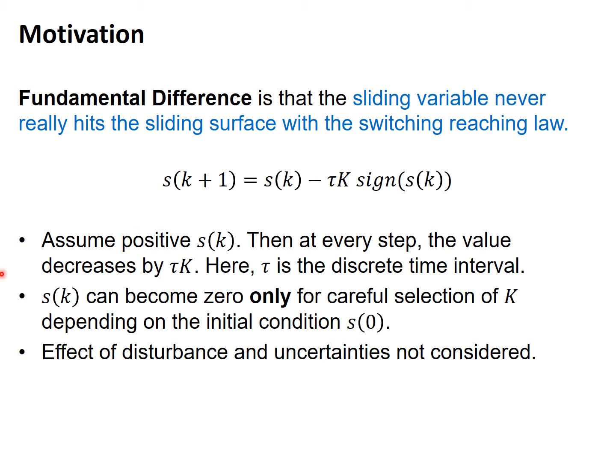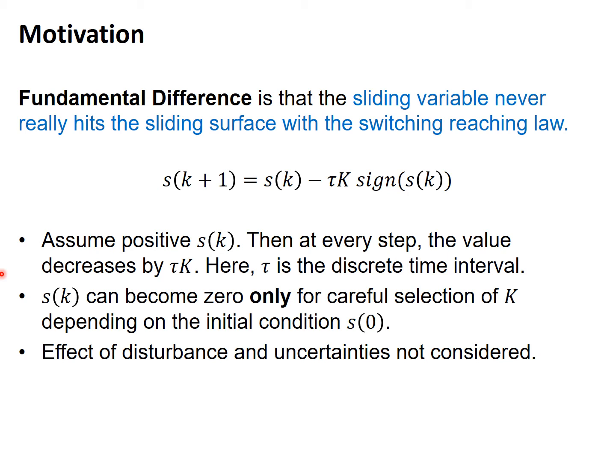So among all this, what is the fundamental difference in behavior that arises in continuous and discrete time? The fundamental difference is that the sliding variable never really hits the sliding surface with the switching reaching law. So in continuous time, think about the classical case.